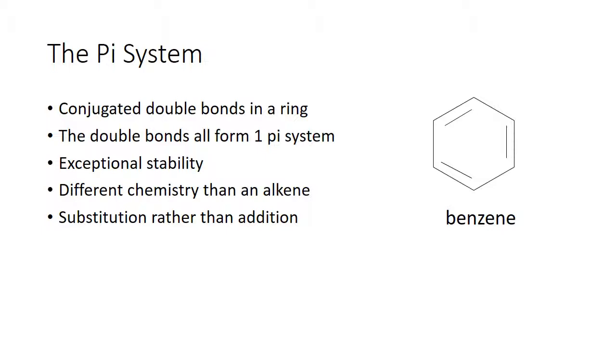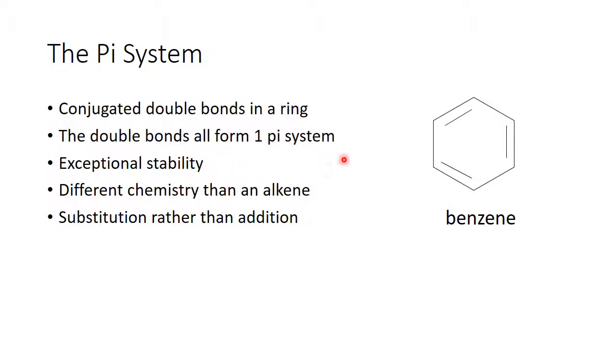So every single one of these carbons, 1, 2, 3, 4, 5, 6, are all providing a p orbital to overlap in this pi system. So this is one pi system, not 3 different double bonds.